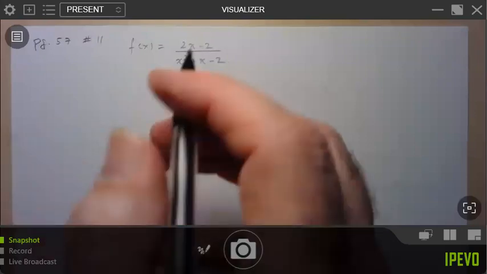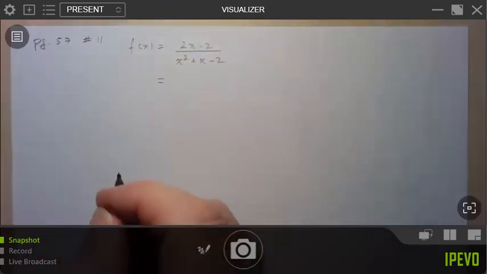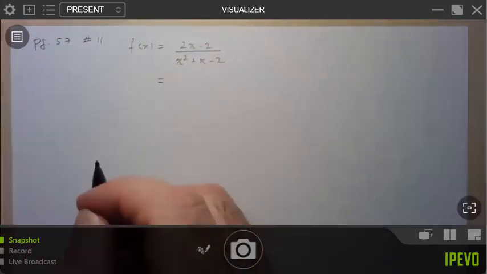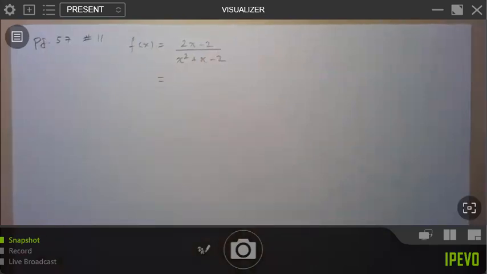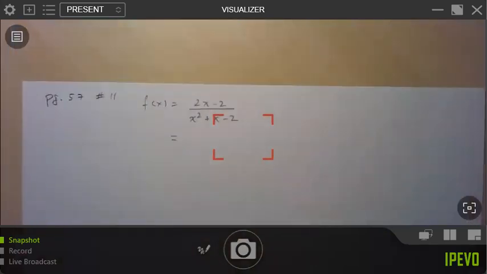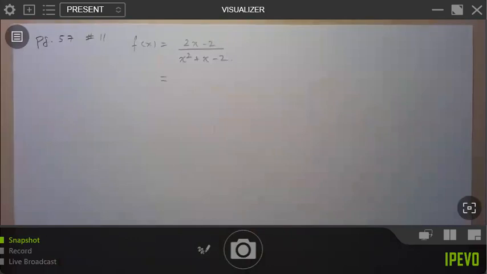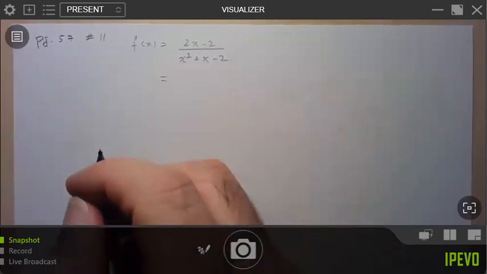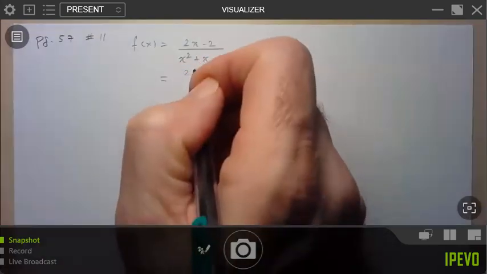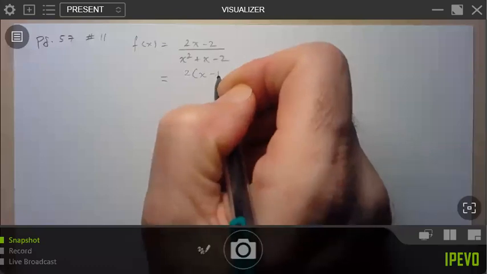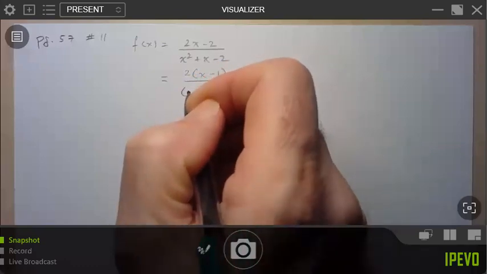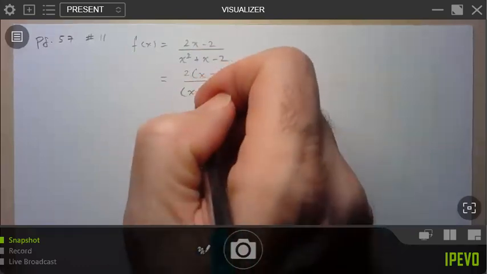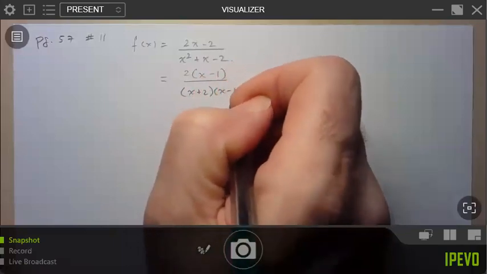All right. So of course, we know that when we're working with rational functions, the best thing to do here is to factor, and then that's going to help us see these characteristics more easily. So here we have 2 times x minus 1, and then here we have x plus 2 times x minus 1.